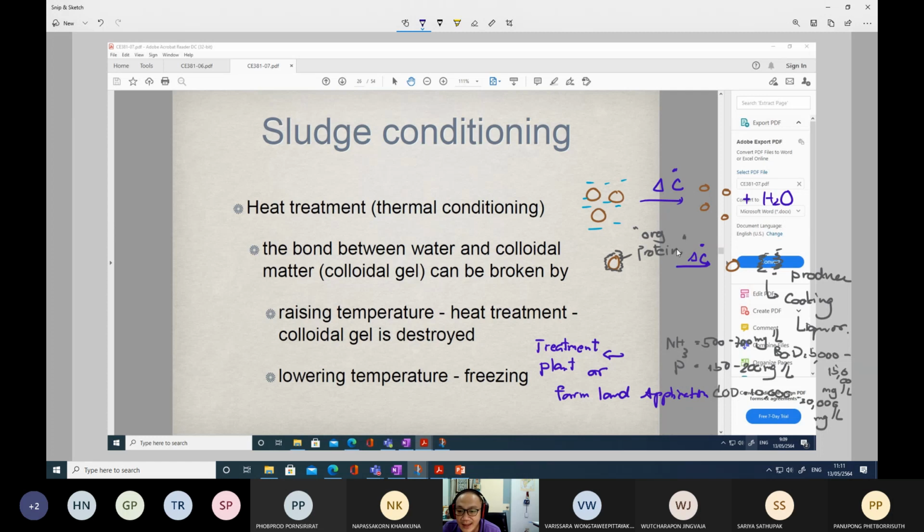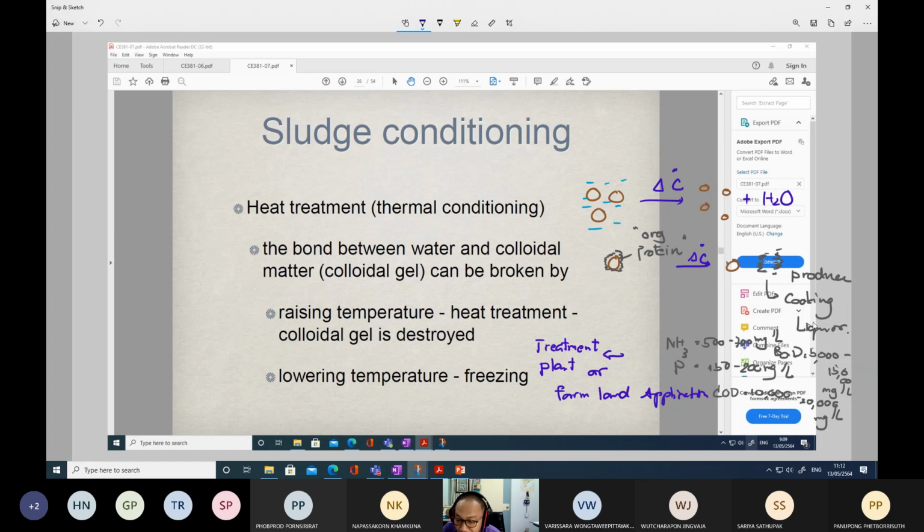And if we have organic substances or proteins bound outside the sludge particles, once we apply heat, the proteins or organic substances will be separated from the sludge particles. But anyway, this will get into the liquid, and this liquid becomes higher in terms of organic content, because it comes out from the sludge.